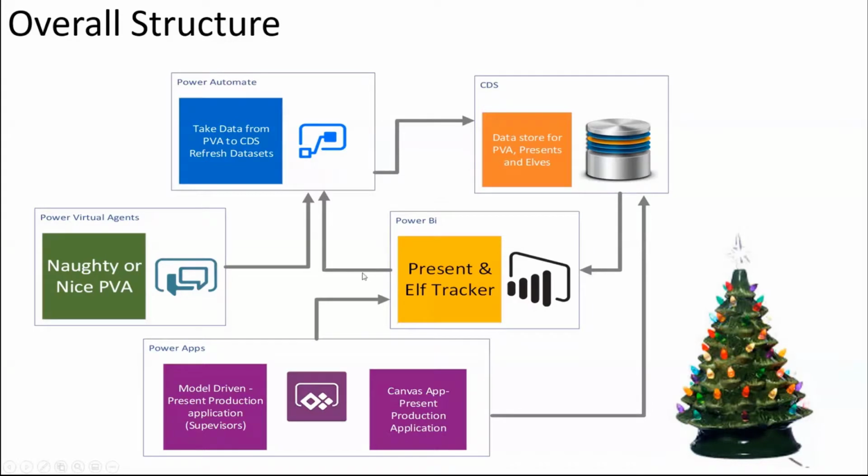It's also using Power Automate in terms of when you click a button within our Power App within our Power BI, and we also have our two apps here. So we have our model-driven production application, and we have our Canvas app present production application. So you can see just how much we've been able to use the power of the platform here.